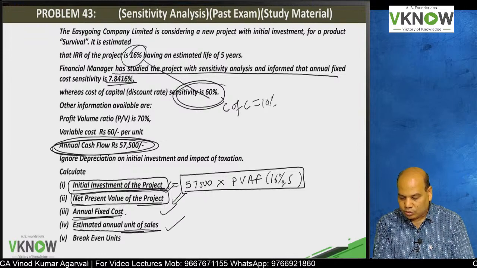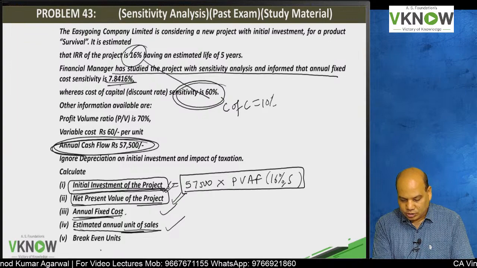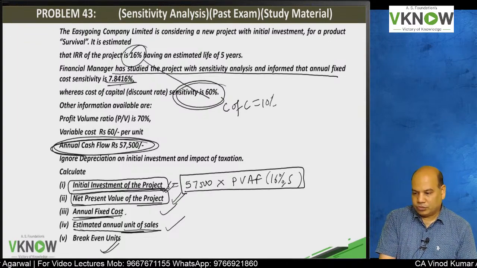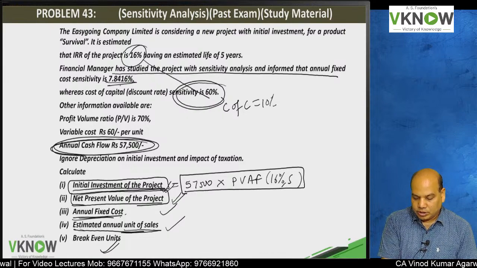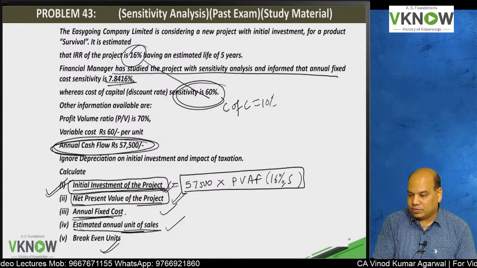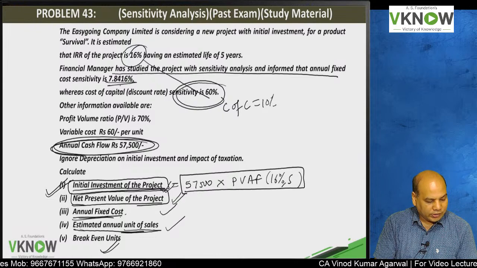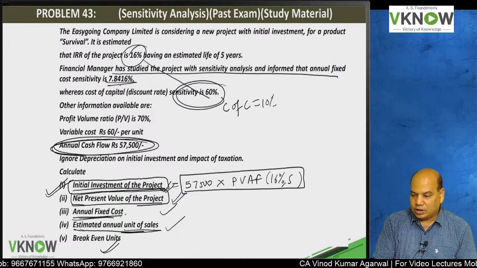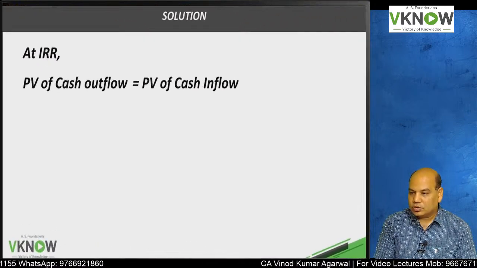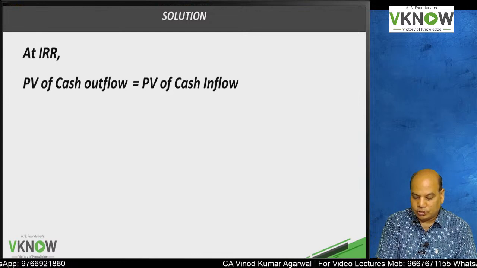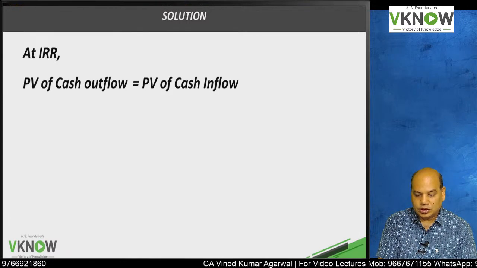All this will require you to solve equations, and then you can compute break even units also. But first thing first, I need to find out the initial investment of the project. Annual cash inflow is given, IRR is given, and therefore we can find out PV of cash inflow, and PV of cash inflow is equal to PV of cash outflow, and that is equal to initial investment.